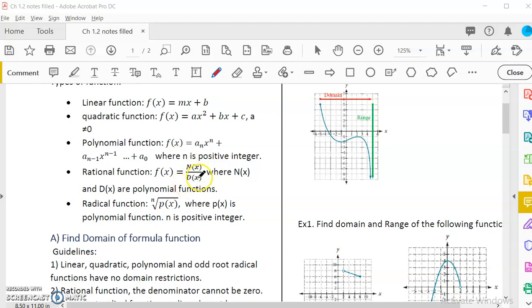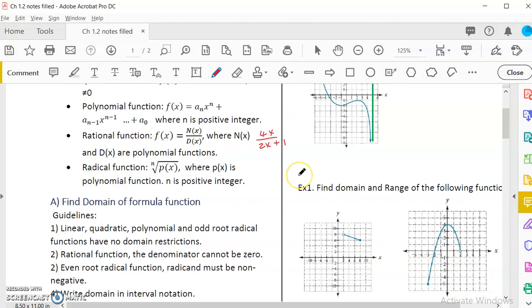Now this polynomial function is not a constant. If it's a constant, then it doesn't count. So it has to be a function with x. For example, 4x over 2x plus 1, that is a rational function. Or 4x squared minus 5x over 2x plus 1, that is also a rational function.